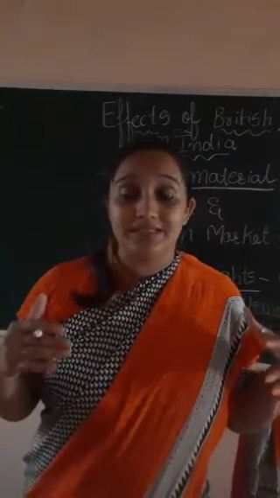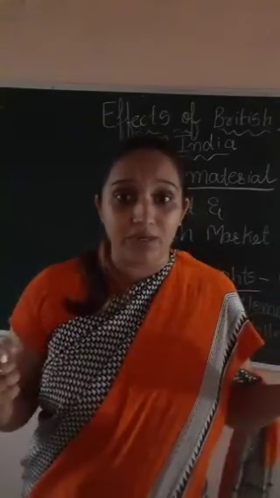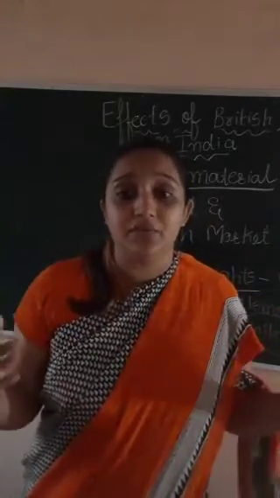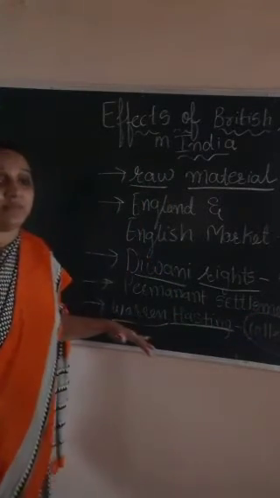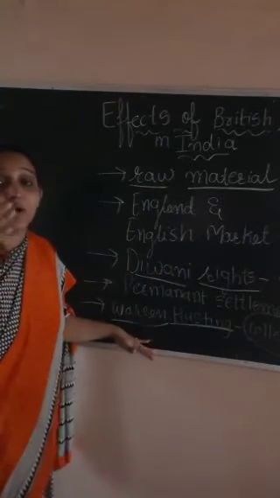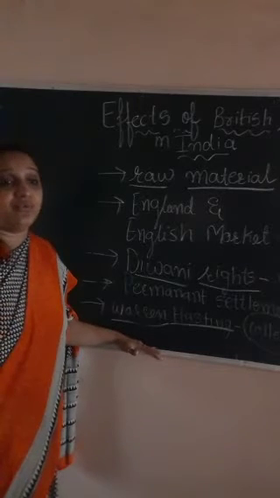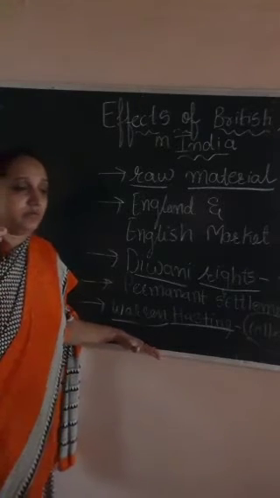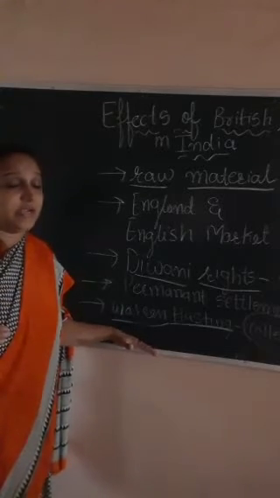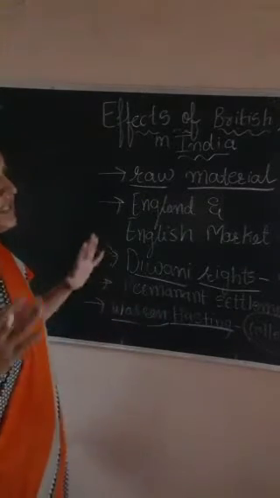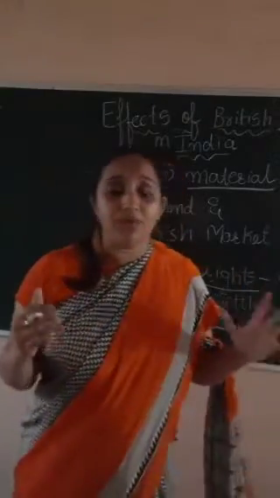They were having self-rule. They were independent. But because of Britishers, they could not do self-rule. They had to depend on the Britishers. They had to listen to the Britishers, right? So this was a disadvantage to the people of India.